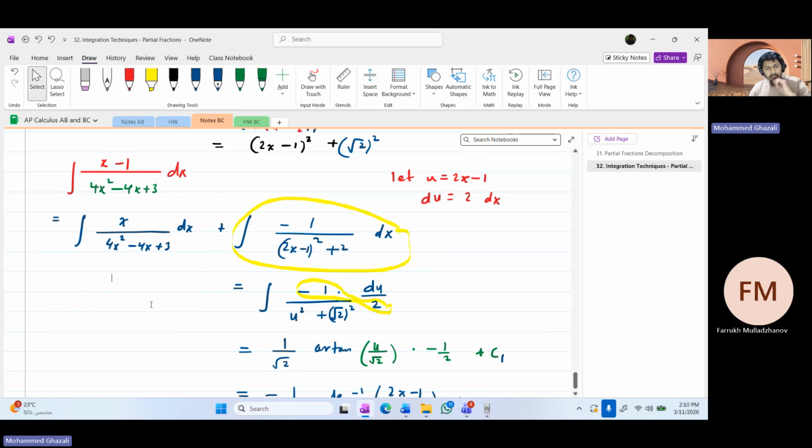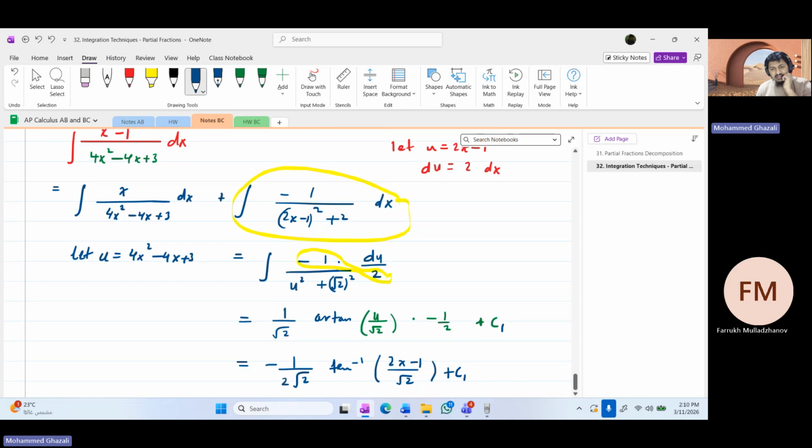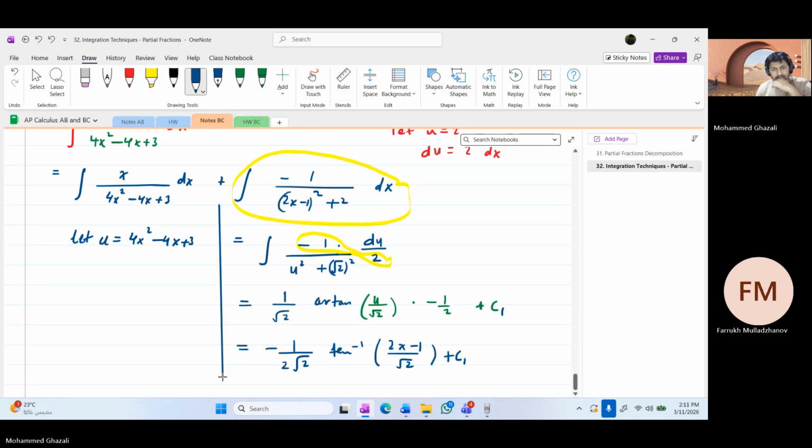Because we got an x on top. So let u equal 4x squared minus 4x plus 3. Remember, this first integral is solved, okay? Trying to solve this now. So du is equal to 8x minus 4 dx.